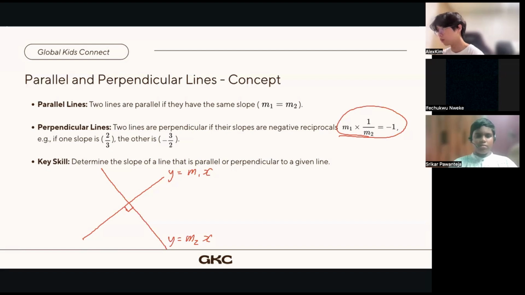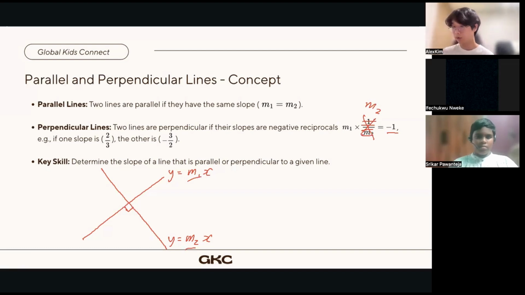One moment, there might be a slight error. It is not 1 over m2, it is just m2. My mistake on that one. So when you multiply the two slopes, m1 and m2, and the product is -1, they can be said to be perpendicular.